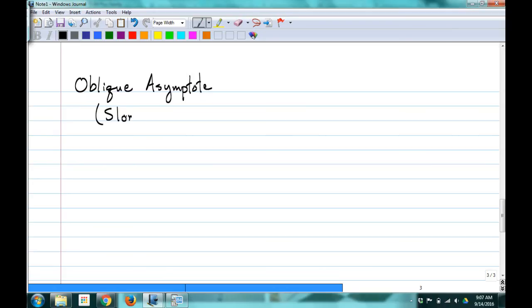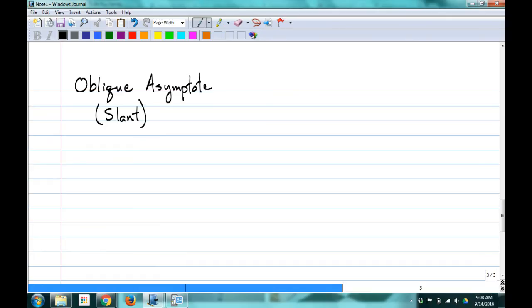You'll sometimes hear me call this a slant asymptote, because that's what we called them when I was growing up. They decided oblique sounds like you're smarter, so that's why they started calling them that, I guess. I can't really understand any other reason to call them oblique.